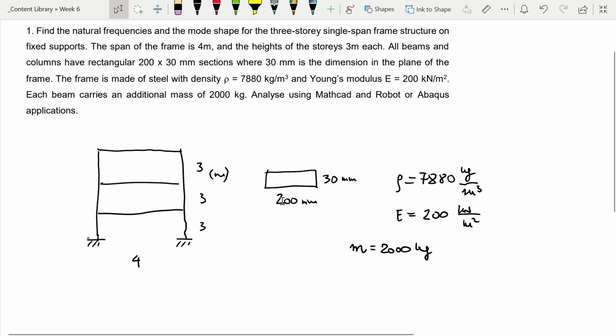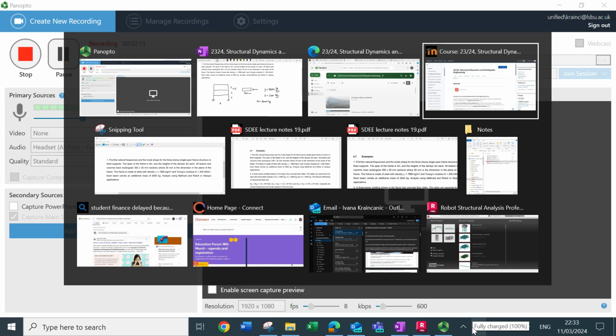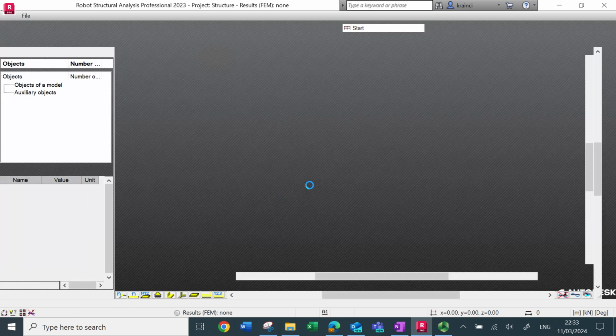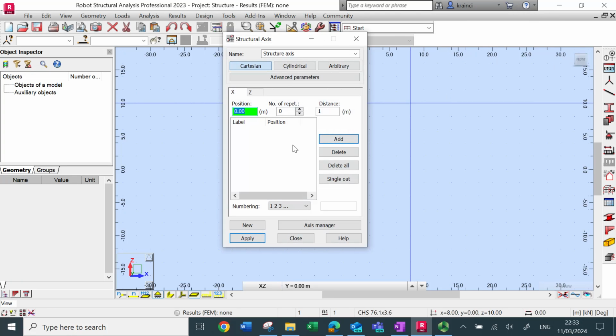I will start analyzing this in Robot. I'll start with a new 2D frame model, and I will place first on the axis in the horizontal direction, just one repetition, and the distance is 4 meters.